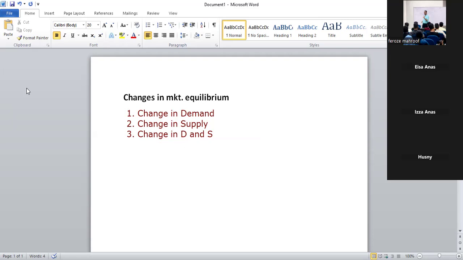Demand increases while supply remains constant. How can the market equilibrium be shown? Here is the demand curve, this is the supply curve, then you can see where the market equilibrium is realized.